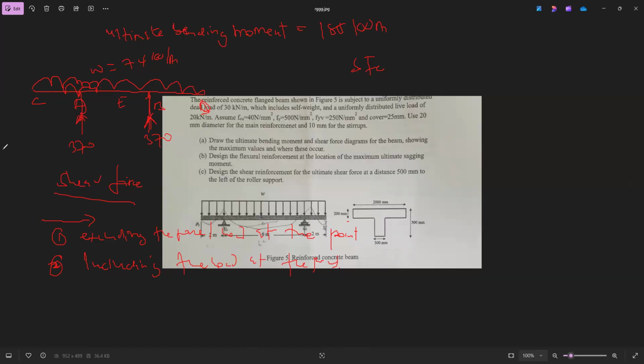That one you have to apply the rules in the code book. But if it is two supports, simply supported like these ones, then just go by the simple method that I've taught you. Know which one is causing anticlockwise movement, know which one is causing clockwise movement, and you are good to go.